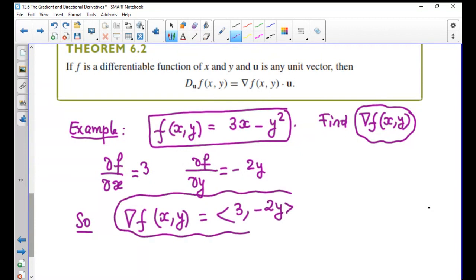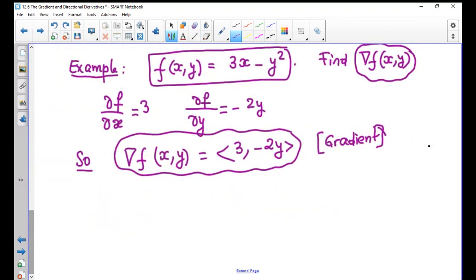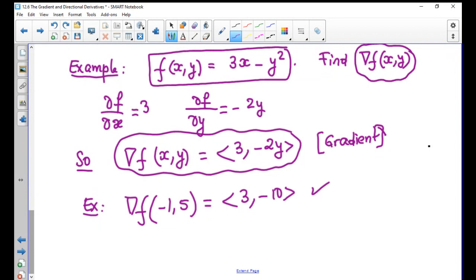That is the gradient of the function. It's a vector. Now, I can find it at any point. For example, if I want it at the point (-1, 5), then the gradient will be (3, -10). That's the vector gradient.